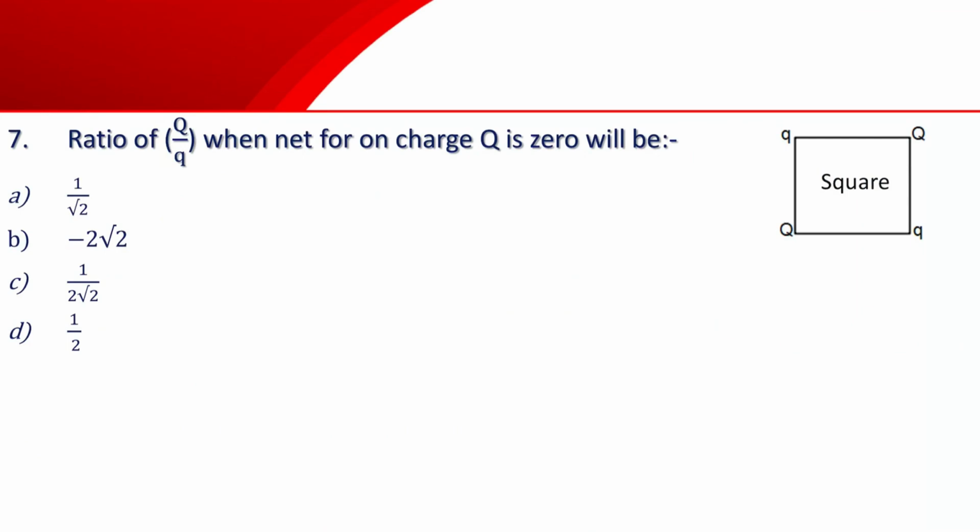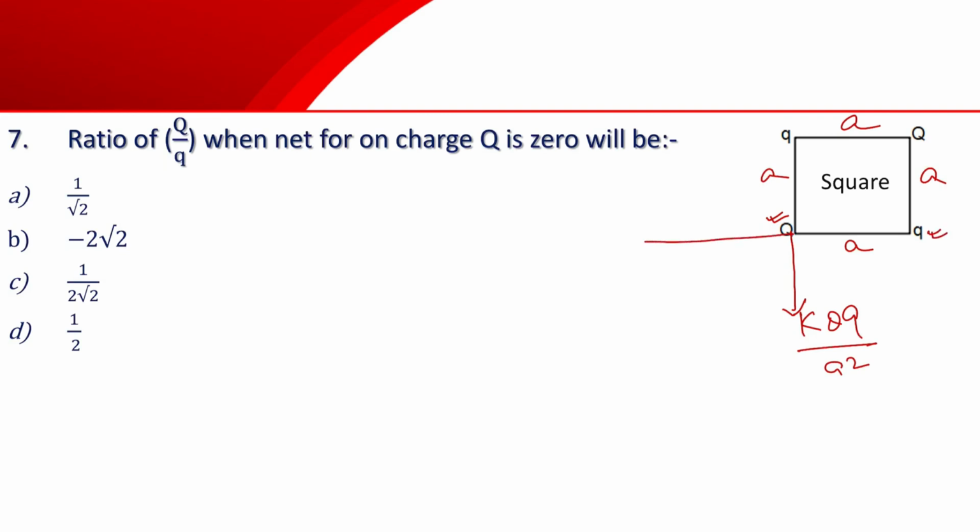Okay. Next, we have to find the ratio of capital Q by small q, when the net force on charge capital Q is 0. So let us find the net force on this capital Q. It is a square, so let this side be A, this side A, this side A, this side also A. This is small q, this force will be in this direction, and that force will be kQq by A square.